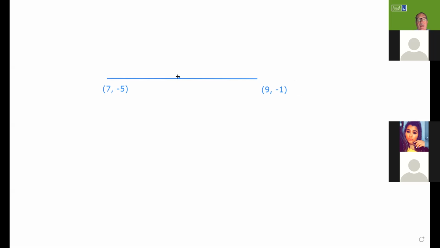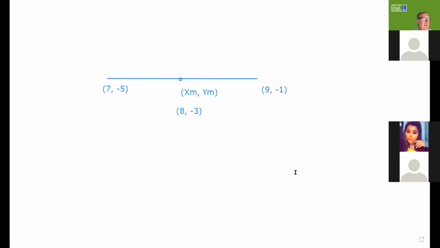And so what you're looking for is this point right here in the middle, which a lot of times you might refer to as the X midpoint and the Y midpoint. So when you did the calculations, we got 8, -3.